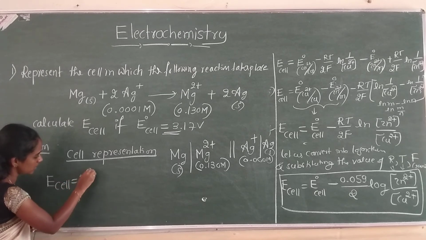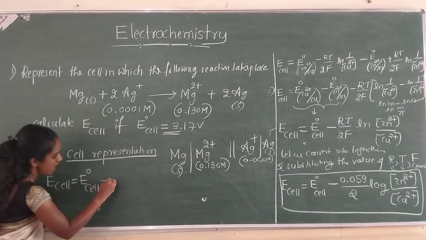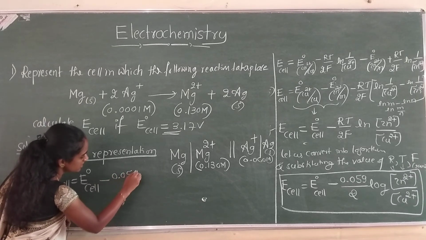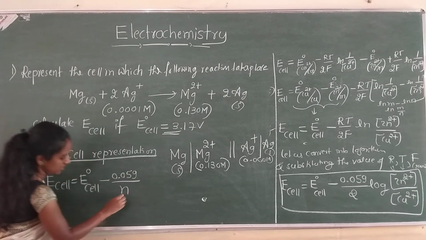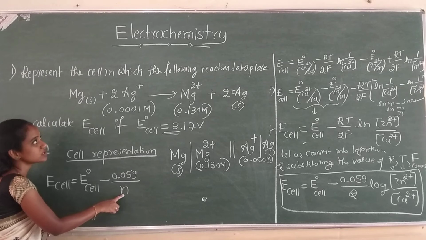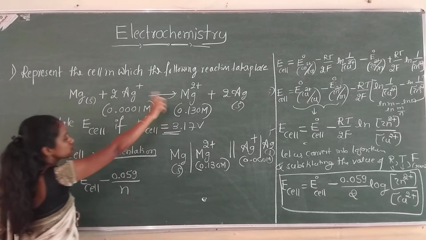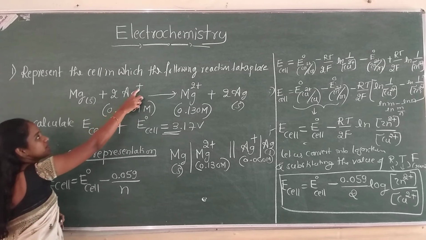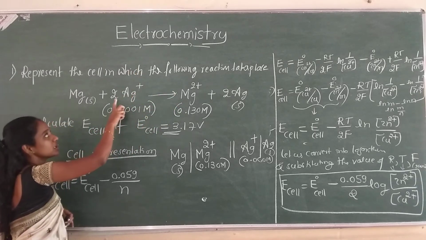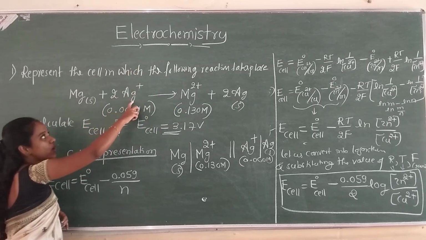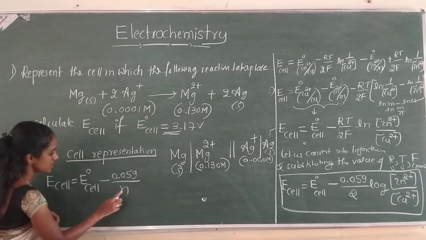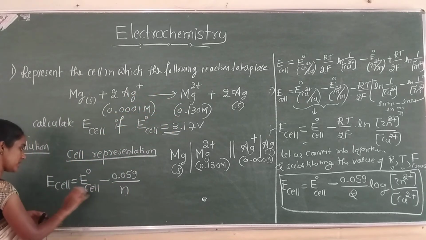Let us write the formula: E0 cell minus 0.059 divided by n, where n is the number of electrons involved in the reaction. Mg to Mg2+, 2 electron difference. Again Ag+ to Ag, 1 electron, but here 2 silver ions are present, therefore n is 2. So this is the formula, write as it is.